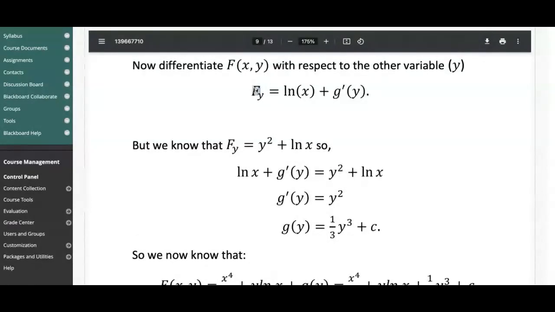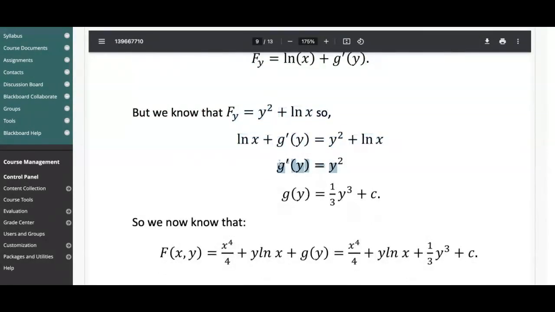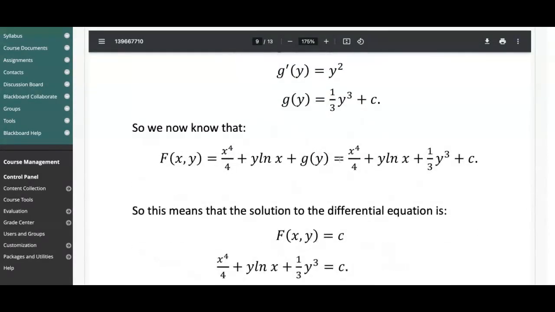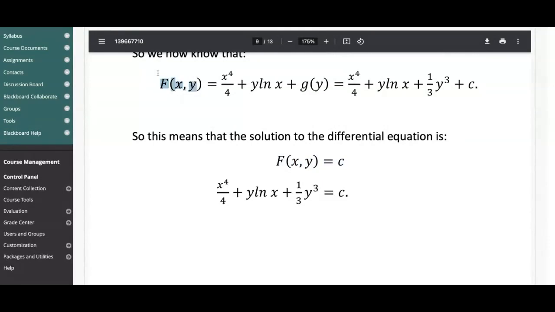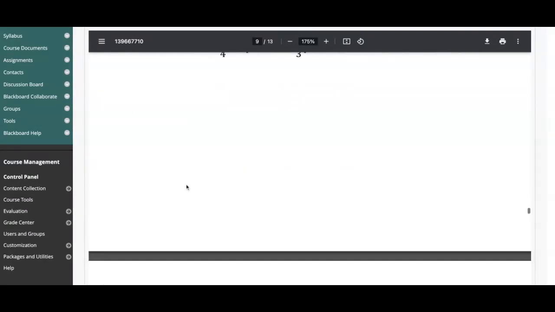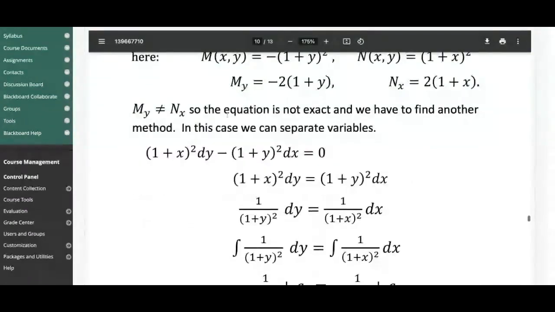Then the mixed partials have to agree with each other, so we set them equal. So we solve for the function of the other variable that we treated as constant. Then we get a solution as a level set of the potential function we found, if the mixed partials are equal to each other. In this case, the mixed partials are not equal to each other.